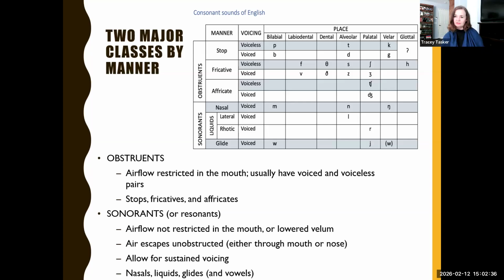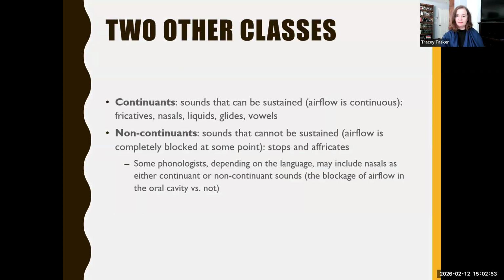And we're going to talk about sonorants a little bit later in the semester as well. So as you can see, nasals, liquids, and glides make up the sonorants. All other sounds are part of obstruents. Okay. Another way of describing or categorizing them is continuance.